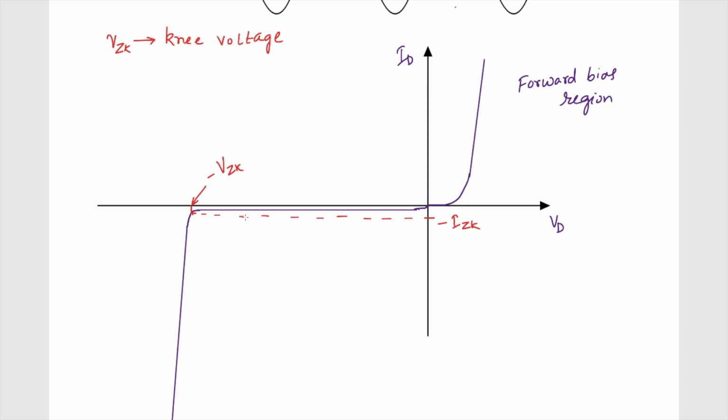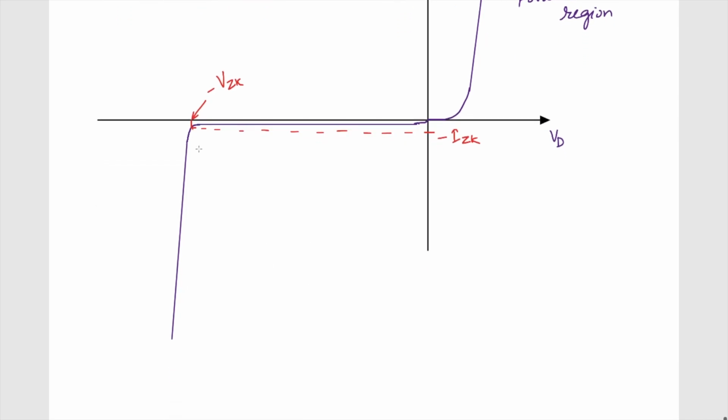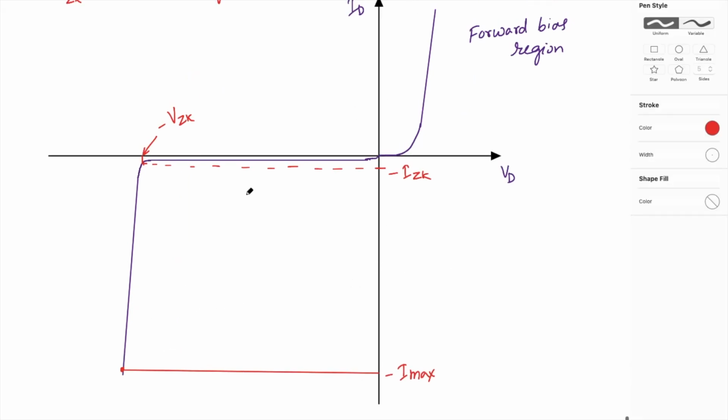By selecting a proper doping concentration, this knee voltage can be made very small, maybe 6 volt, 7 volt. That means this voltage is going to become almost constant. If I can make sure that this current does not go beyond some maximum value, Imax, then this is a reversible process.